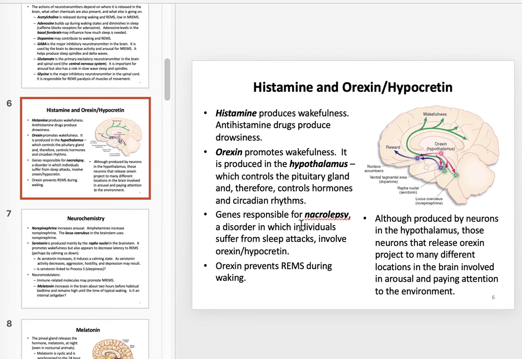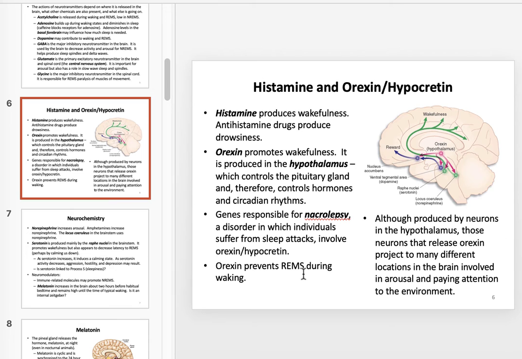Importantly, you might have heard of a sleep disorder called narcolepsy, where people have uncontrollable sleep attacks. Well, it looks like genes responsible for orexin may be in some way mutated in individuals with narcolepsy, or may not make orexin as successfully, and that may be why individuals with narcolepsy have sleep attacks.